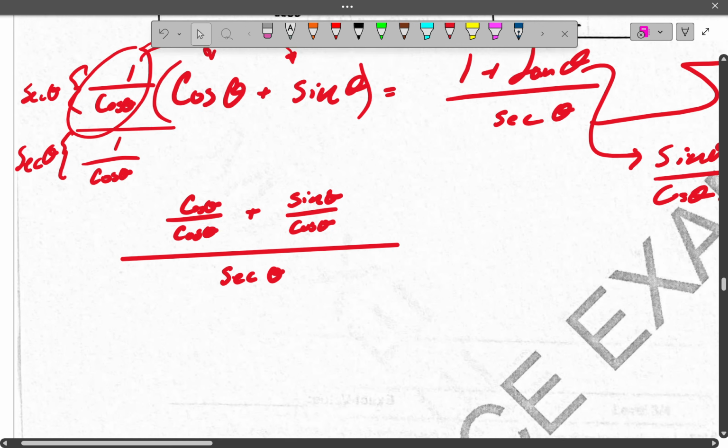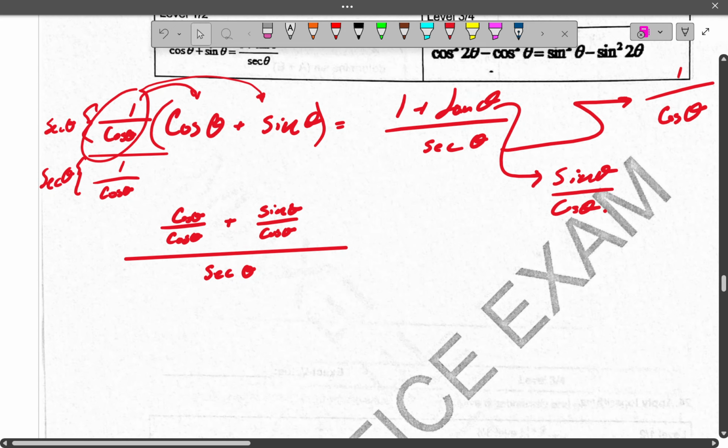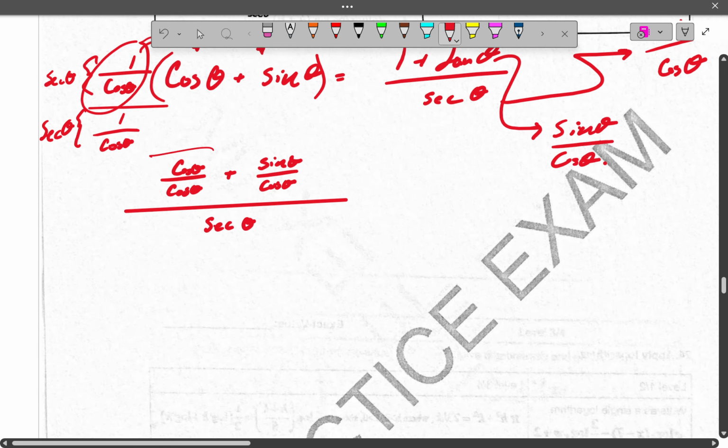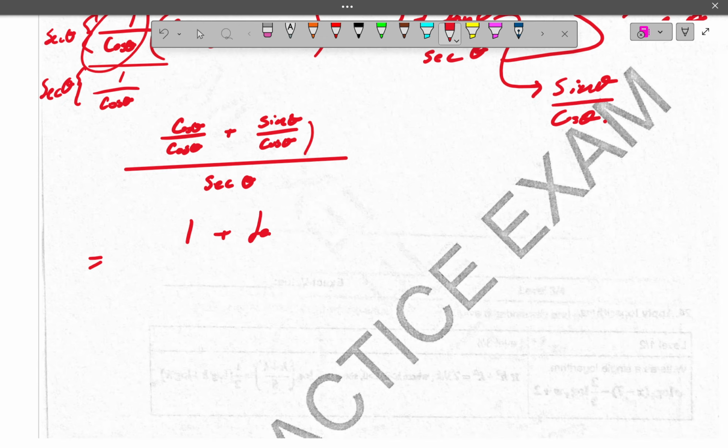And that's basically the first step and almost the last step, because we're almost done. If you notice here, cosine over cosine, right? That's just 1. So this is equal to 1 plus sine over cosine, which is just tangent theta, and we're dividing this by secant theta. So that's basically all that there was.